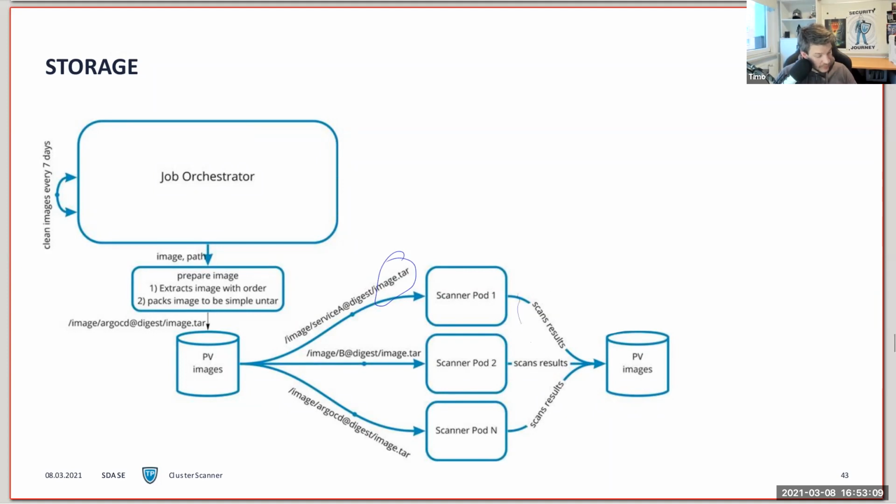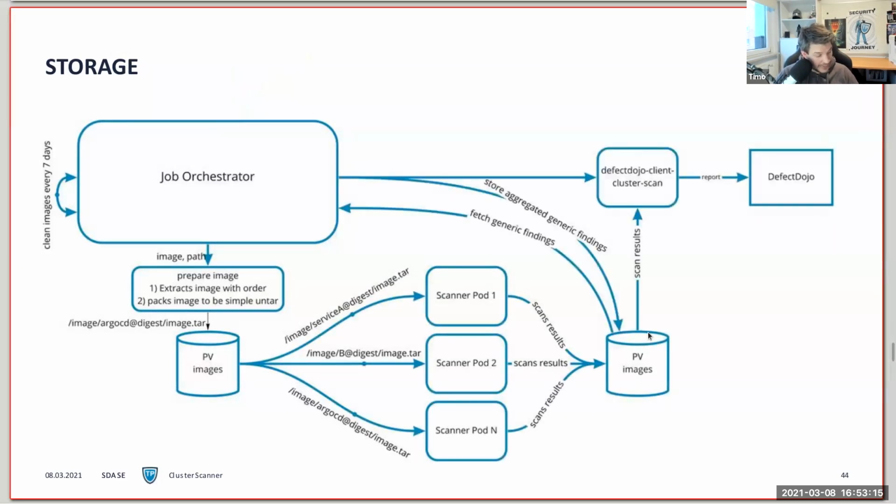We put the scan results together with the status JSON in another persistent volume, and then the job orchestrator can fetch the findings and aggregate these findings. This is because then it's easier to upload it in Defect Dojo with the generic finding implementation.